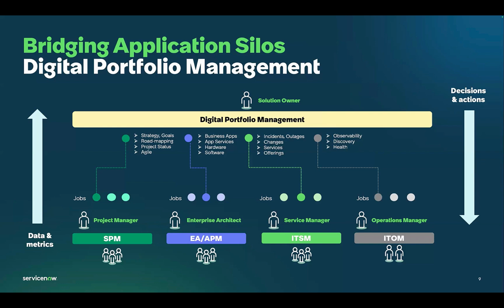So let's say you have multiple service instances that you've planned out, you mapped out different goals, and then that demand pipeline finally gets implemented by epics, stories, and everything. You can see all that roll up in DPM as well. And you can see if there's any incident, outage, or change happening on that one particular strategy that you had defined. So that allows you to, let's say, create a new continual improvement initiative.